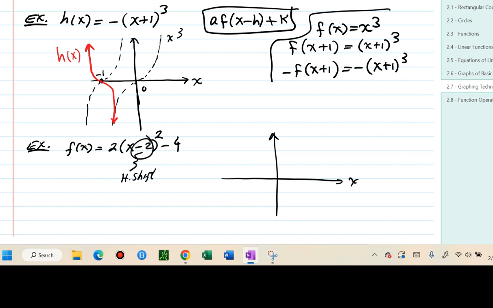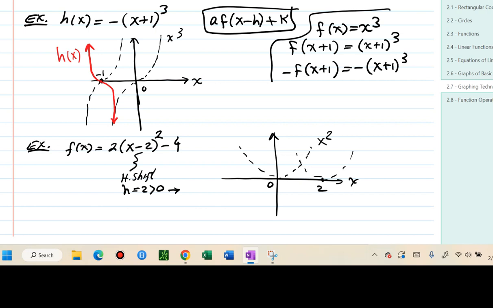H is 2, the opposite of negative 2. If h is 2, greater than 0, we shift right. So the basic function underneath is the parabola, x squared. We're going to shift this to the right 2. And there you have it. That would be the shifted version.